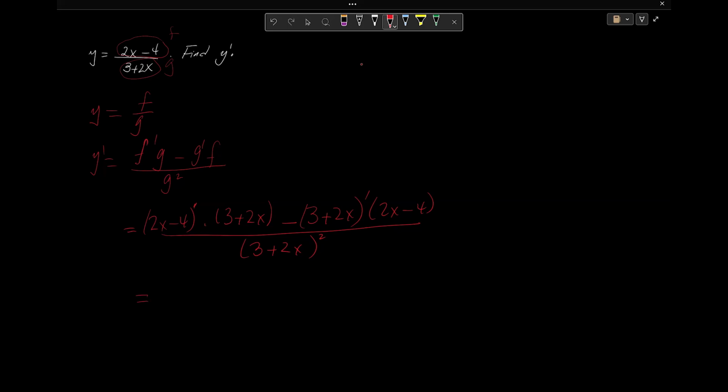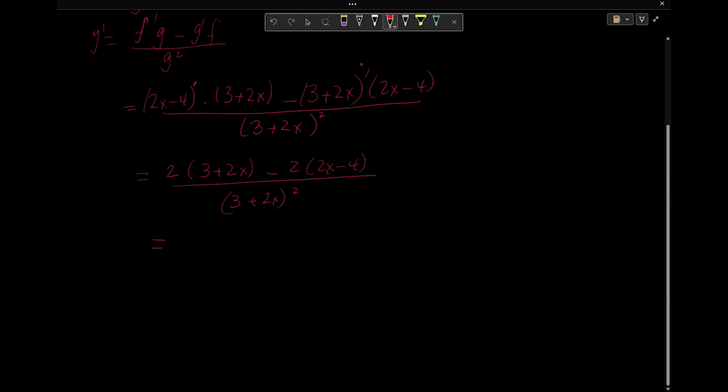What's the derivative of 2x minus 4? That's a straight line. Its derivative is its slope. It's 2 times (3 plus 2x), minus the derivative of 3 plus 2x. Again, that's a straight line, so its derivative is its slope, 2, times (2x minus 4), over (3 plus 2x) squared.